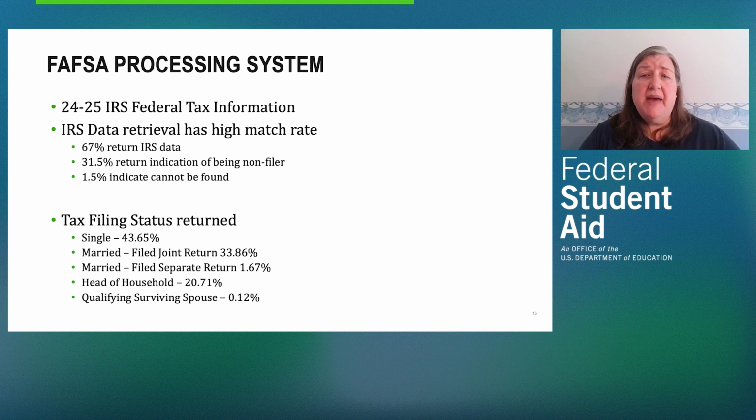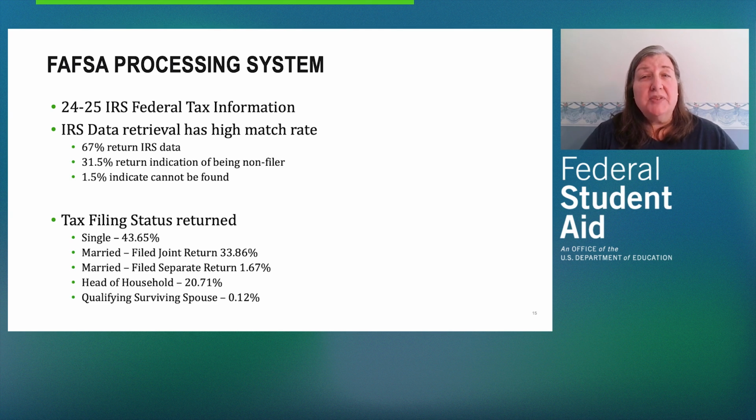In addition to the matching for the folks that we do get data back from the IRS, here's a breakdown of the tax filing status. So you can see the vast majority of our folks are coming back as single filers. Then for our married filers, we have a good percentage coming back as married filing jointly.